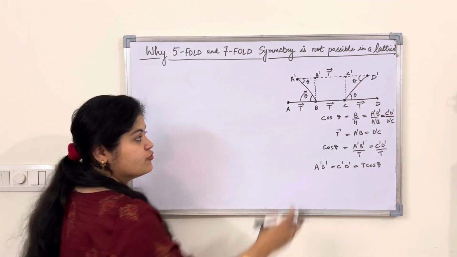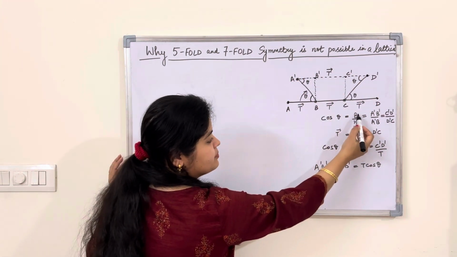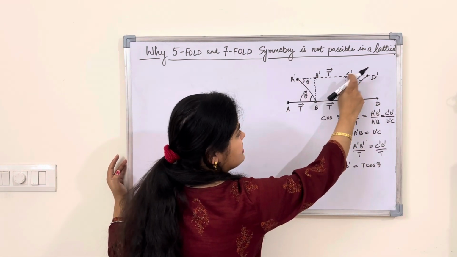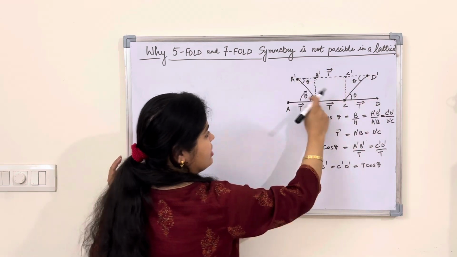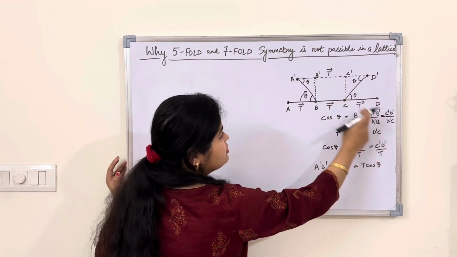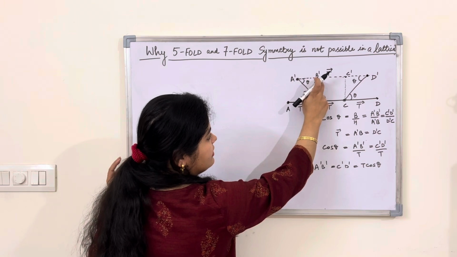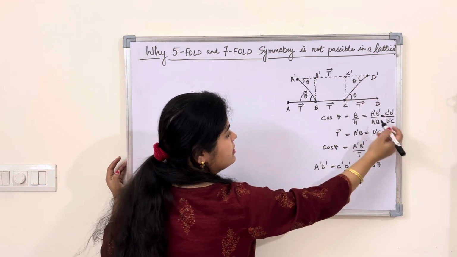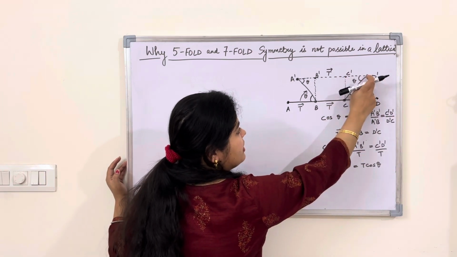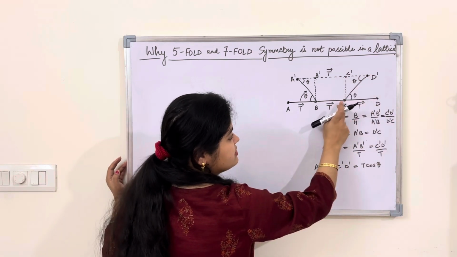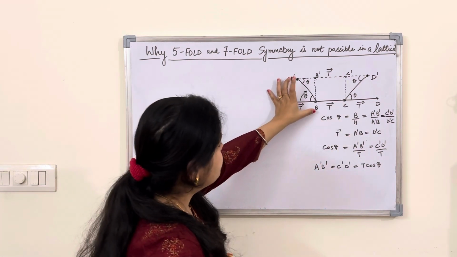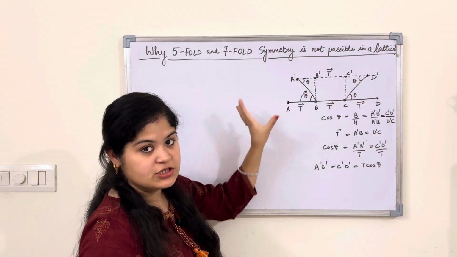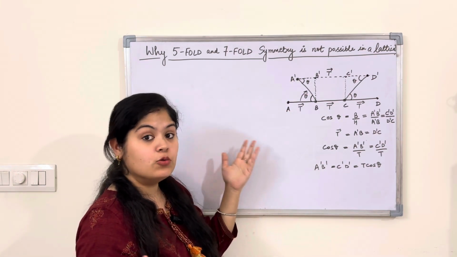From trigonometry, cos theta is base upon hypotenuse, and the base here is A prime, B prime and C prime, D prime in both of these triangles. So cos theta equals A prime, B prime divided by A prime, B, which is the hypotenuse, and in this triangle cos theta equals C prime, D prime divided by D prime, C. Now A prime, B and D prime, C are nothing but translation vectors, which is the distance between two lattice points.